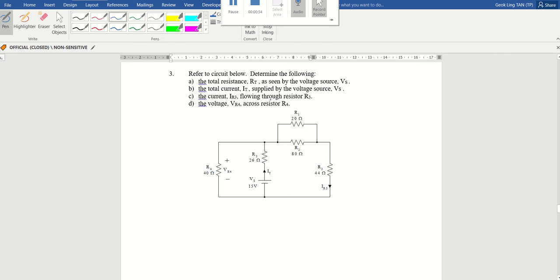Okay, so if you look at the diagram here, on the right side you have R1 in parallel with R2, and then these two resistors are in series with R3. So on the right side you can simplify as this.